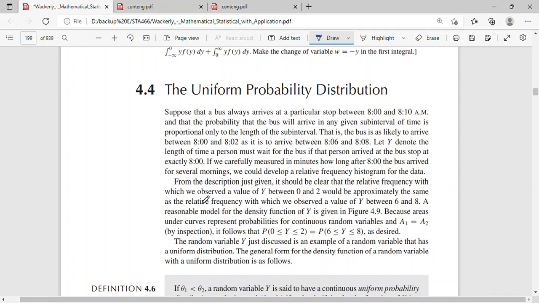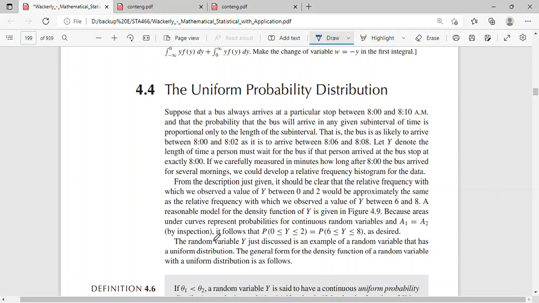So from the distribution just given, it should be clear that the relative frequency with which we observe a value of Y between 0 and 2 would be approximately the same as the relative frequency with which we observe a value between 6 and 8. So within the 10 minutes, between 0 and 2 and between 6 and 8, approximately the same.